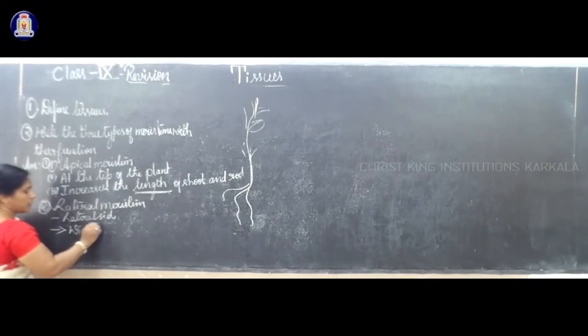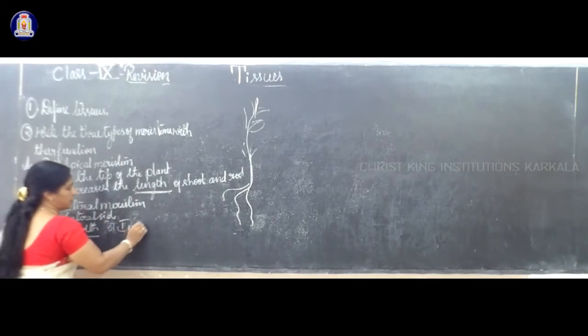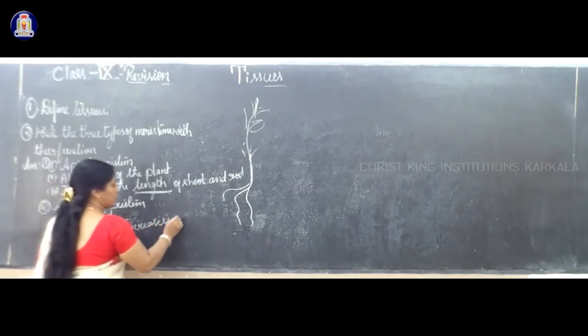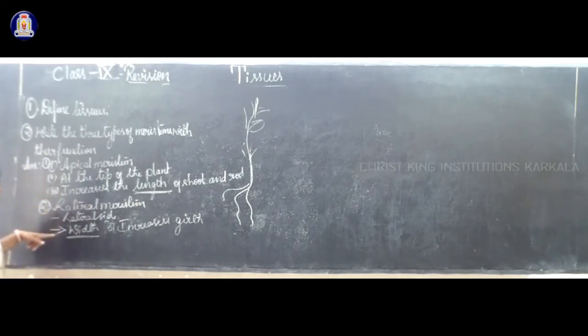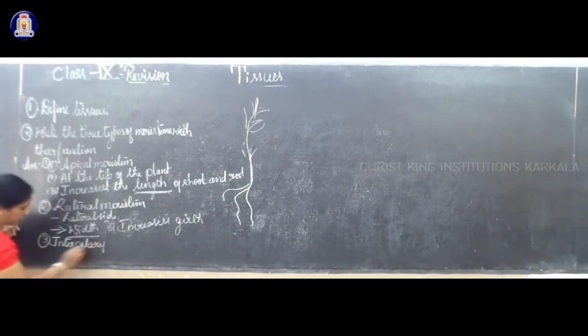To increase the width or girth, increases the girth of the stem and root. So that is the second type. Third type is intercalary. Where is it present? At the base of the leaves. What is the function? Branching, so new leaves will arise. It is meant for branching.